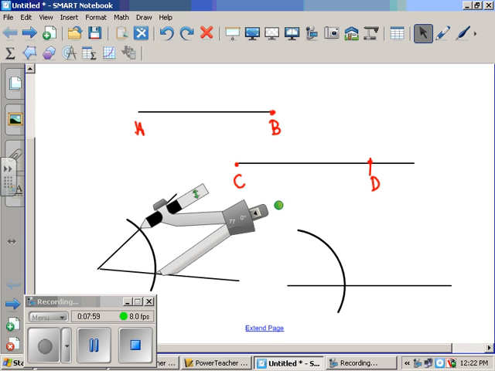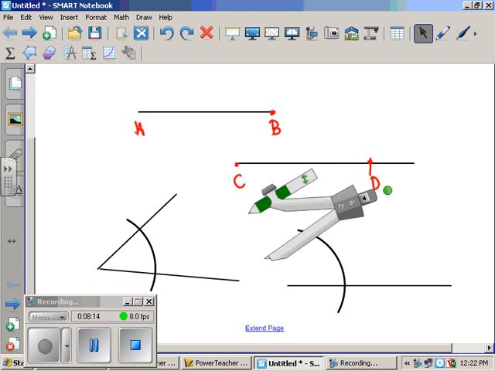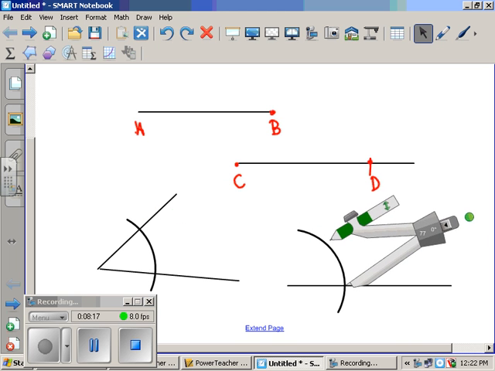You're using this compass as a measurement tool. Once I get it open that exact amount, I'm going to again move it over here, put my point right on the edge here, or on the intersection point, and then make a little arc there. And that point tells me that that's how far open the angle is.